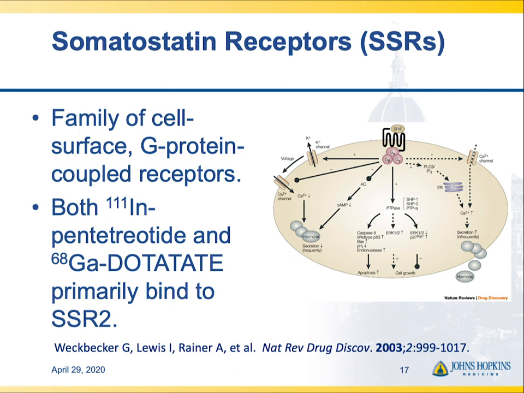And the somatostatin receptors are a family of cell surface G protein coupled receptors. Both Octreoscan and dotatate primarily bind to somatostatin receptor subtype 2. That's a little bit of trivia. It doesn't really matter in terms of what we see on the scan, but luckily somatostatin receptor subtype 2 is very commonly expressed on the diseases on the previous slide.